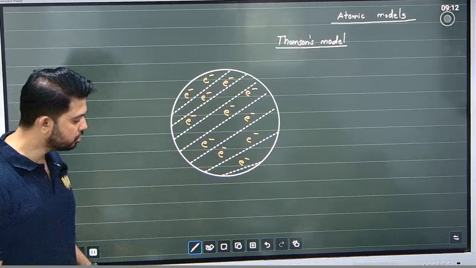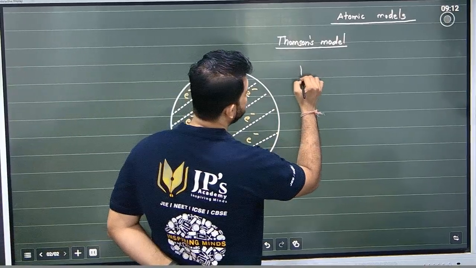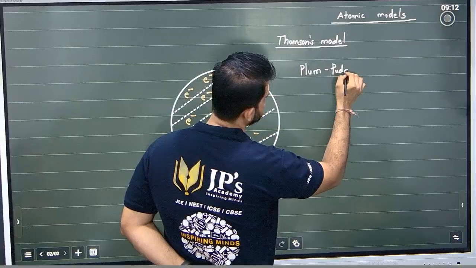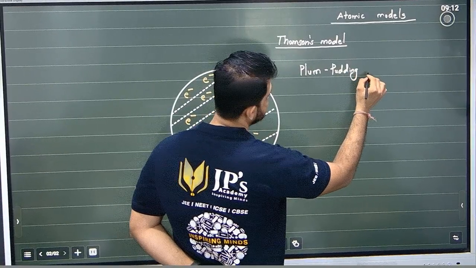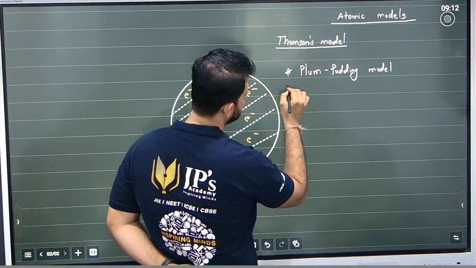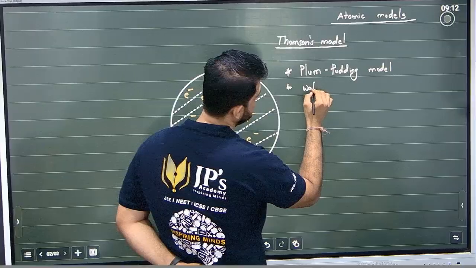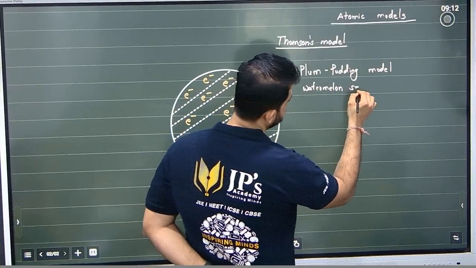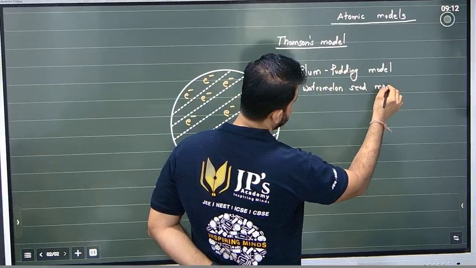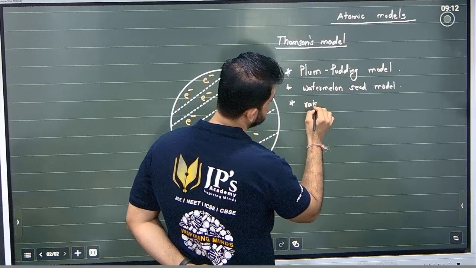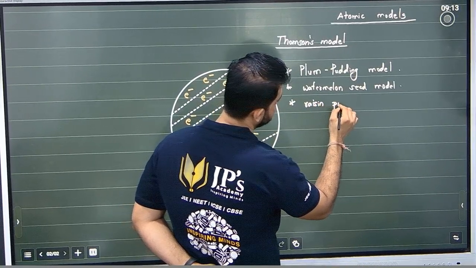This is also called as the Plum pudding model, or watermelon model, like watermelon seed model, or raisin pudding model.